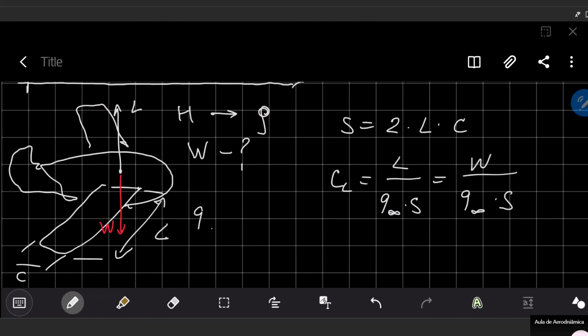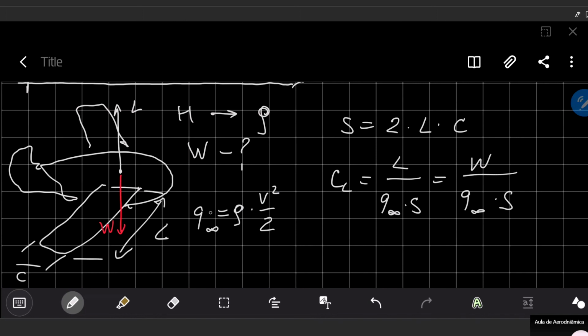I just remind you, it's very well known: density times velocity squared divided by 2, where we have the density of the flight. It can be flight at ground level when we are taking off, or at high altitude when we have cruise flight. And velocity is the velocity of the flight, could be velocity of takeoff and velocity of cruise at any moment.